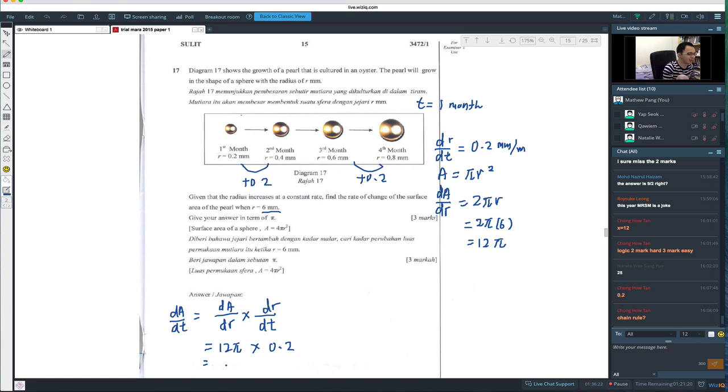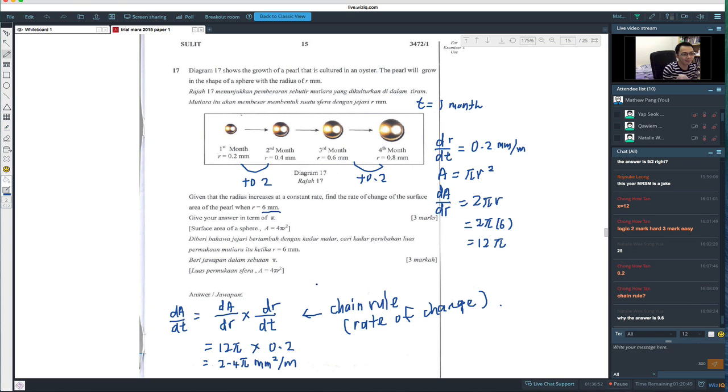Then you should be able to get 2.4 pi. And then this one should be mm square per month. Yep, should be. Is it 12 multiple 0.2 equal to 2.4? Yep. So this is how we solve this kind of question. Yeah, this is chain rule. In rate of change chapter, you just go to see rate of change and then you can easily find the chain rule.